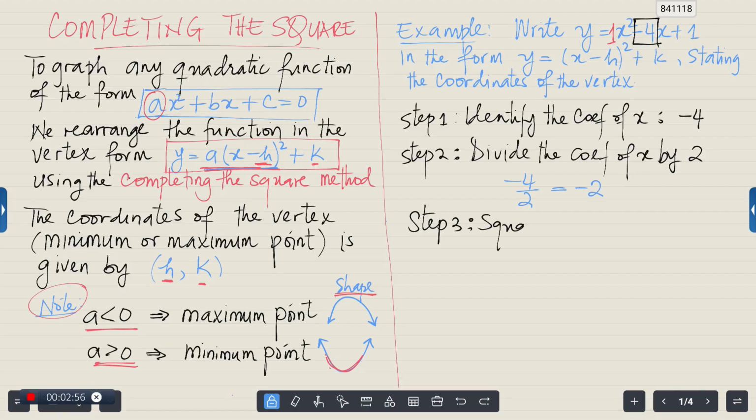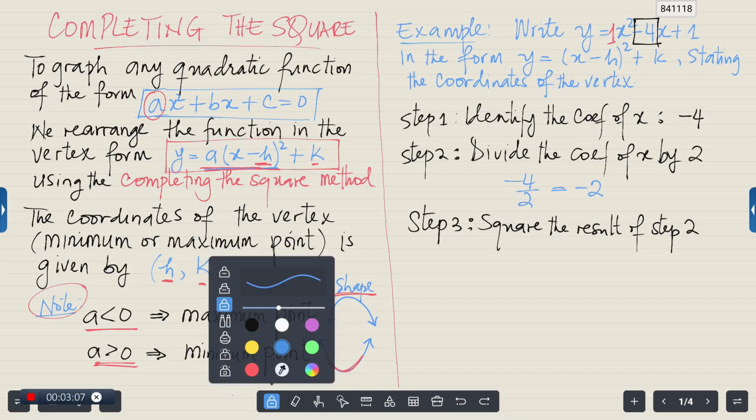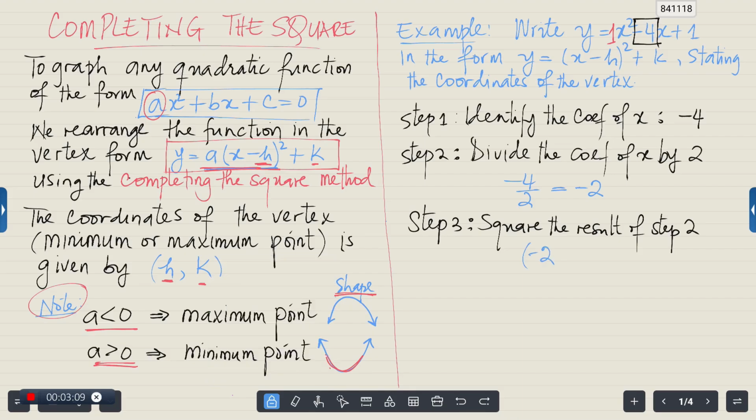We square the result of step 2. So we would have minus 2 squared. Please, at this level, be keen not to calculate this value. We leave it the way it is for future reference.